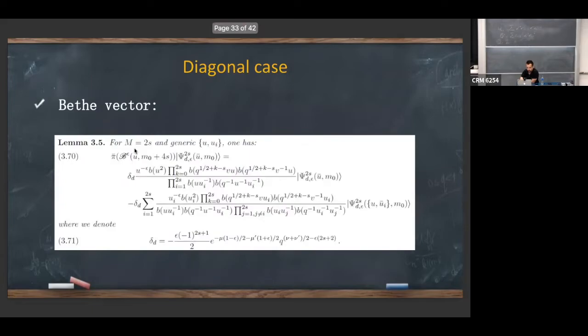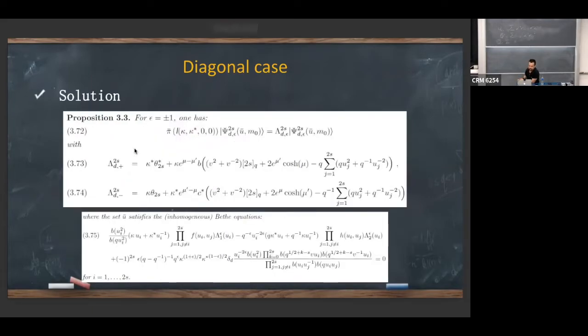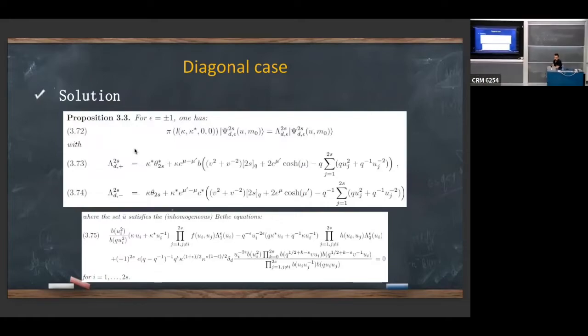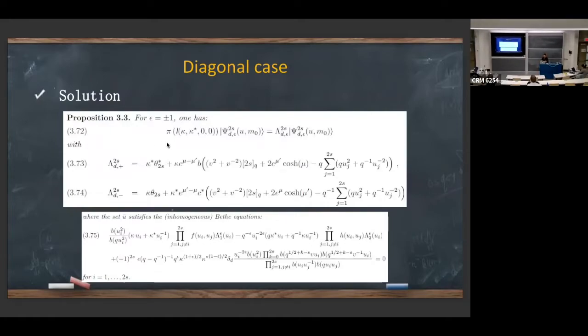And so by doing that, we collect all these results, and here is what we get. If we have both A and A star, here's the solution of the spectral problem. We have the eigenvector given by this Bethe vector, and here are the eigenvalues. The eigenvalues depend on all these constants and, importantly, on these Bethe roots.